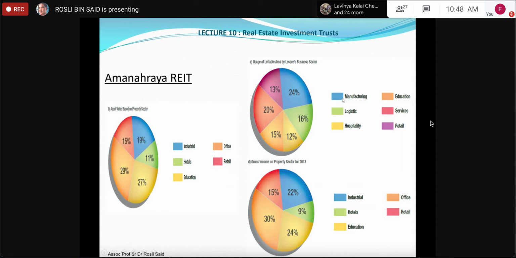They have manufacturing, which is the highest, which is good. Manufacturing won't get affected in terms of operation, but in terms of employees, of course, some of them get affected. Like yesterday, Panasonic in Shah Alam, about 1,000 plus employees were found to be affected by coronavirus.